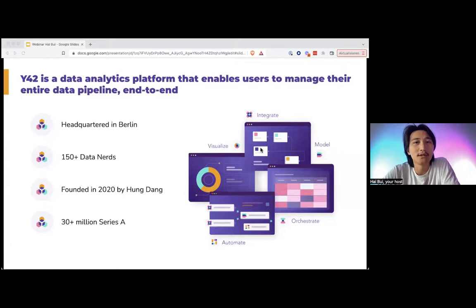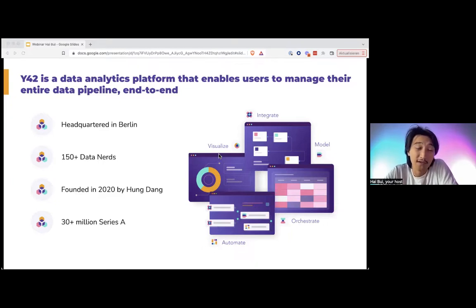I'm working for Y42, which is an end-to-end data analytics platform, which is very easy to use. It's headquartered in Berlin. At the moment we are over 150 people who are very excited about data and about the modern data stack.